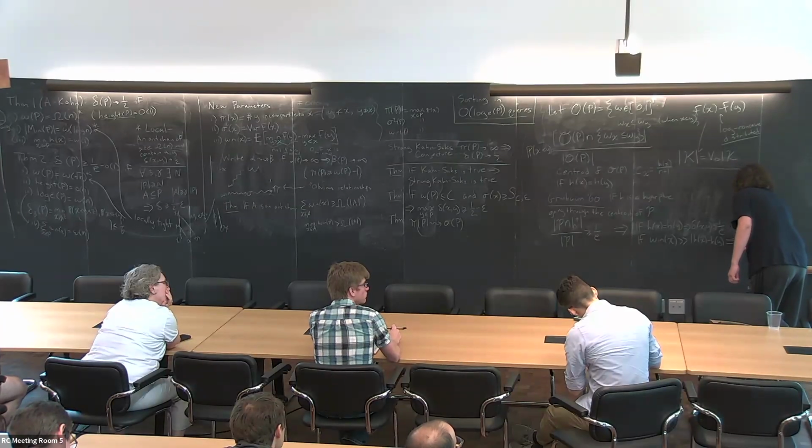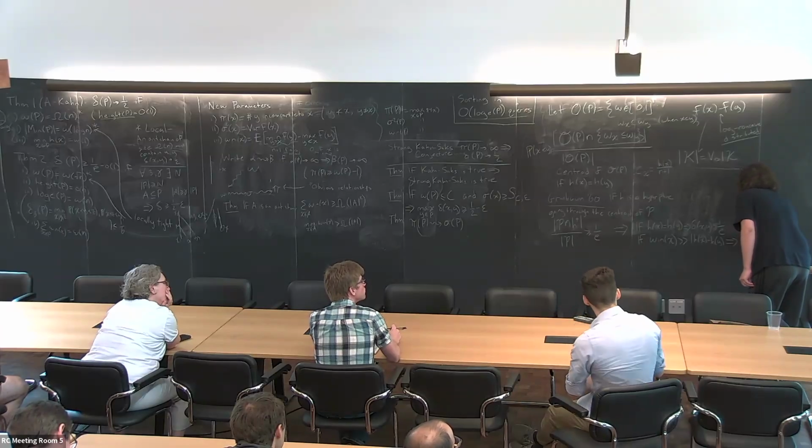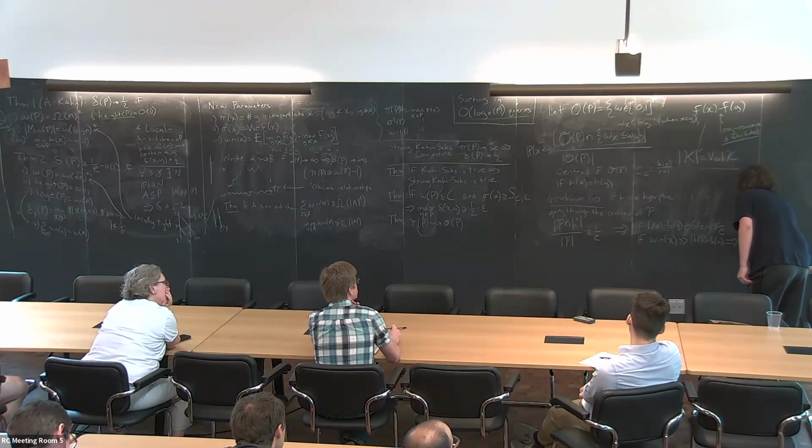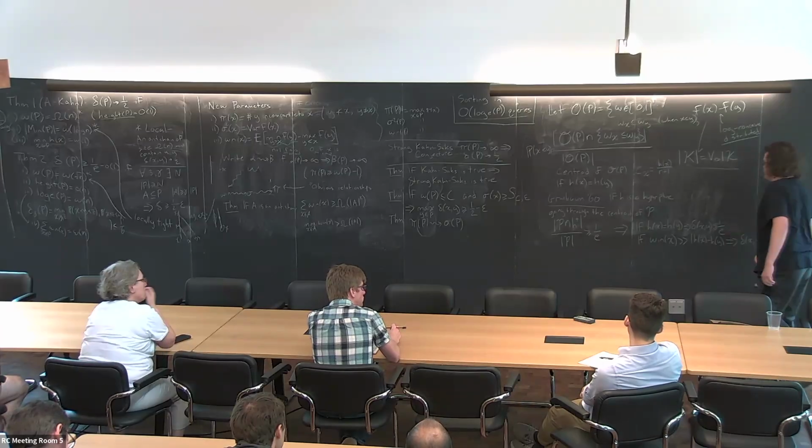That implies that delta of X comma Y is at least 1 over E minus little o of 1.